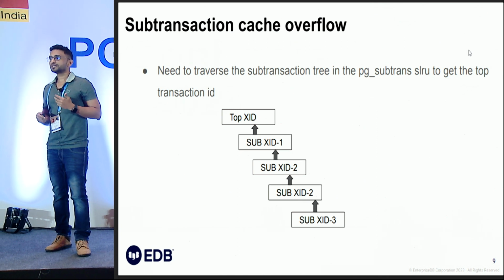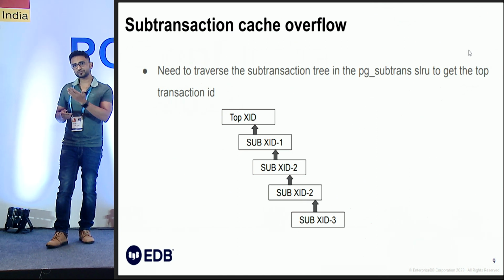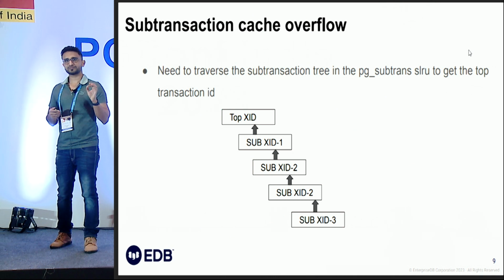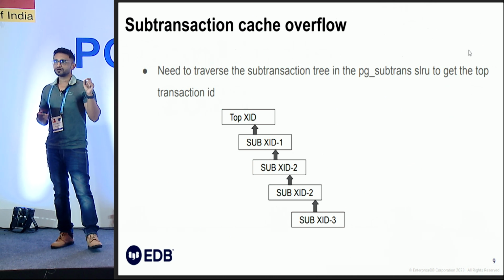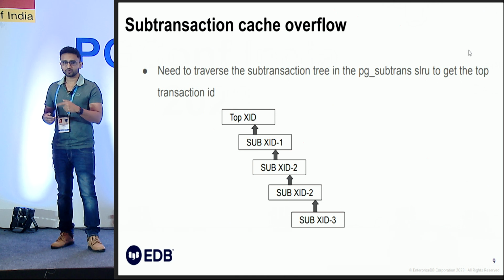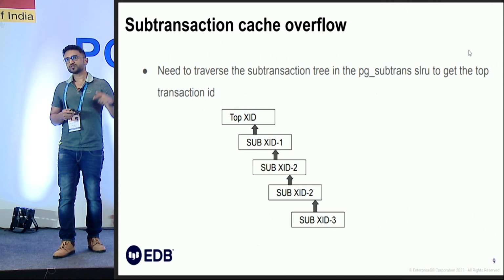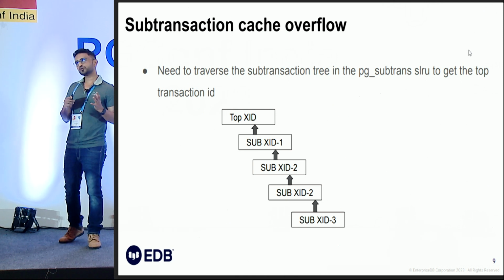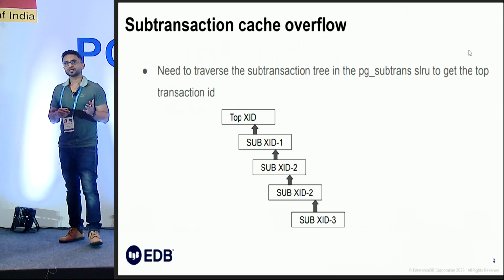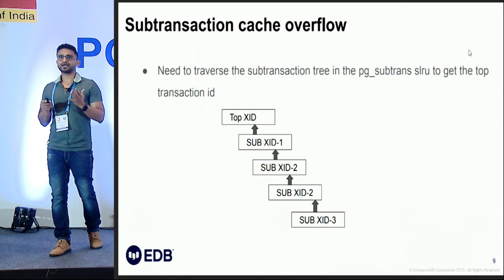And when you are getting the information of your top transaction ID, you need to traverse the tree from the subtransaction ID you found from a tuple all the way up to the top transaction ID. So that also can sometimes be costly, but that could be costly only in the cases where you are looking at the status of an actual subtransaction ID.